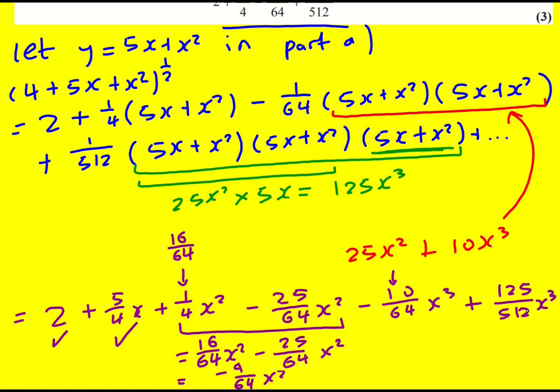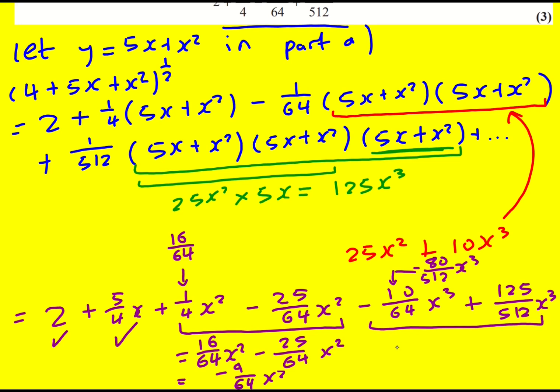And then this one here, to get it 512, I'm going to have to times through by 8. So it's actually going to equal 80 over 512 x cubed, with the minus in there as well.